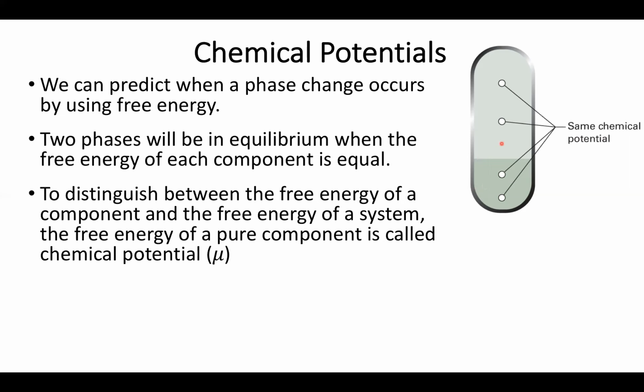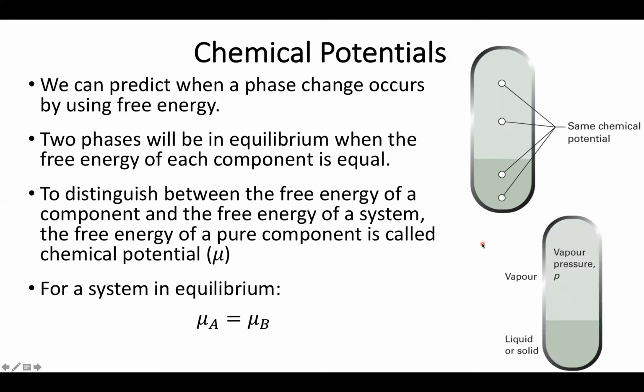So it's a good way so that you can try and ignore everything else that might be happening in the system and just look at the one phase transition we care about. And so if a system's in equilibrium, we're just saying the chemical potential of, say, the liquid is equal to the chemical potential of the gas, or the liquid and solid, or whatever phase transfer we're looking for.